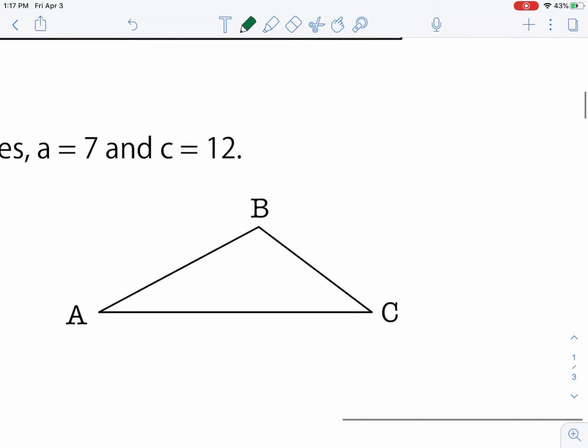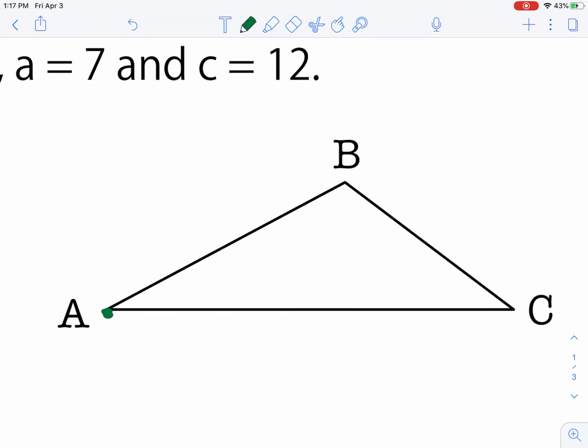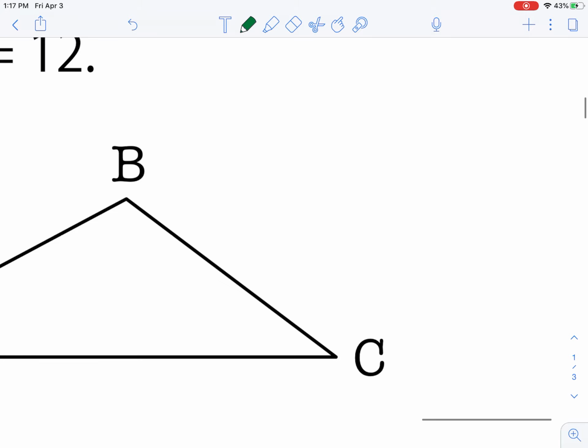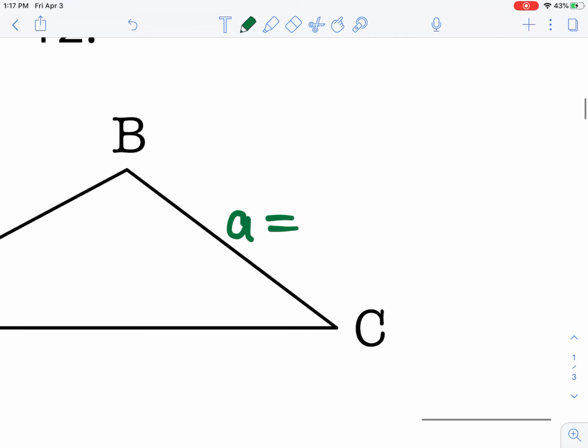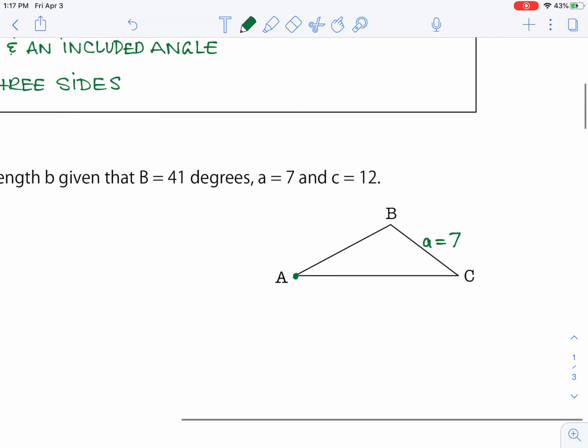Here we have triangle ABC. As a reminder, if vertex A is located here, that means that side a is located opposite of that, on the side that does not touch that vertex. In this particular example, we're told that this is 7.